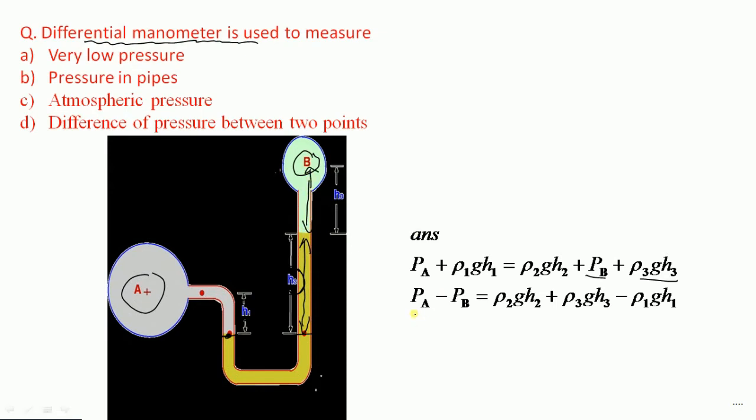So PA minus PB, that is the difference of pressure. Therefore differential manometer is used to measure the difference of pressure between 2 points.